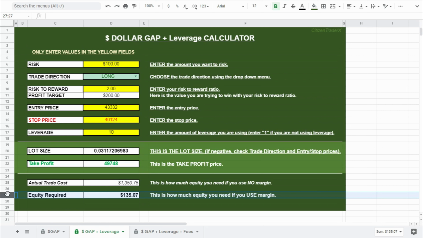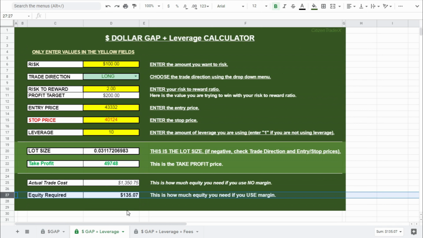Now, obviously you cannot have this exact amount. You need to have more, because that's when the margin calls or liquidation price come into play. To ensure that it does not lose money, you need to have a bit more.